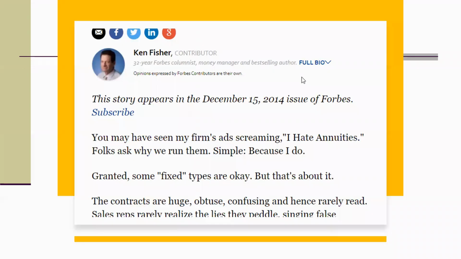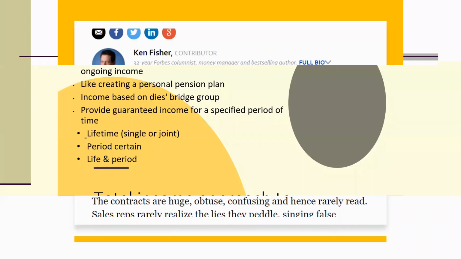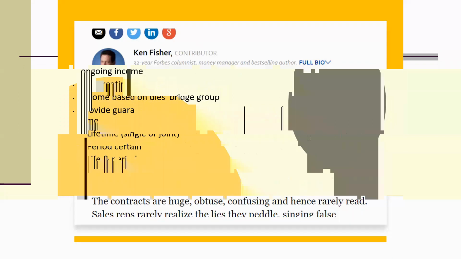All right, you may have heard of some of the detractors of annuities. This is one of the more popular, Ken Fisher. I'm sure you've heard his ads: I hated annuities and you should too. But realize that people like this are also selling you products. So oftentimes when you've heard a critic, the first question you should ask is, well, what is that person selling?